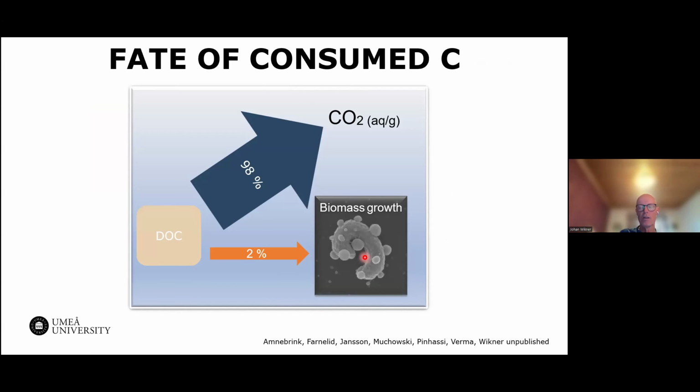So summarizing a little bit what this would mean if we get this data published eventually. The measurements we've done of biomass growth so far, both Wheeler and us, if we use our conversion factors, would mean that much more organic carbon needs to be consumed to promote the growth that we measure. But at the same time, of course, a lot of the carbon consumed is transferred to carbon dioxide rather than to biomass.